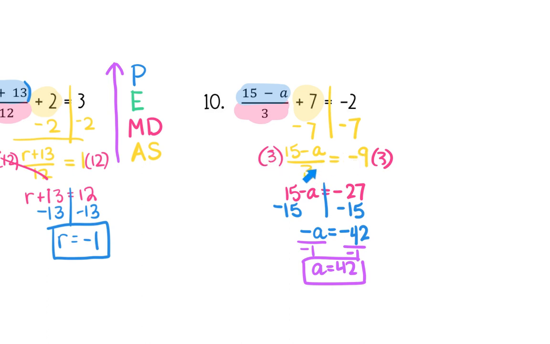From there, multiplied by 3 on both sides. Subtracted 15 on both sides, and this minus sign or negative is still here, so I was left with -a equals -42. So to get positive a, I just divided both sides by -1, and a equals 42.